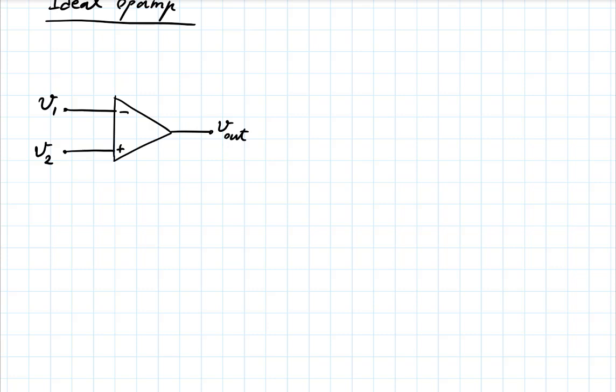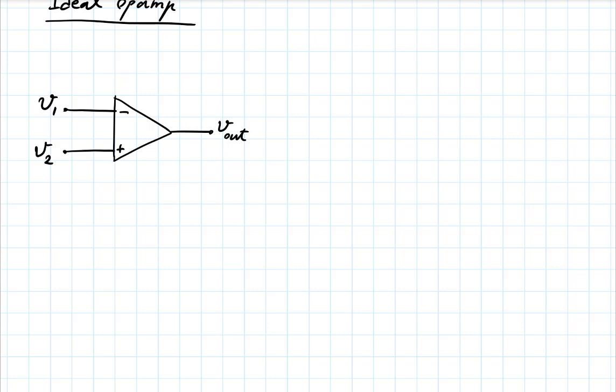So we are going to do a couple of examples with ideal op-amps. And if I don't specify explicitly, I mean an ideal op-amp is what we're using. We'll also look later at what happens if you want to bring in some real aspects.